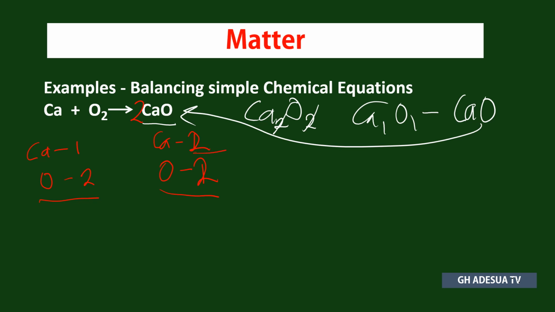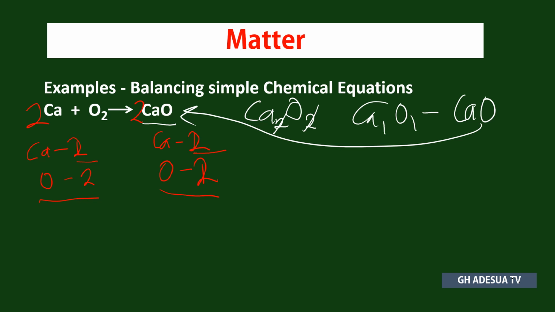Because this is 2, that is 1. Now where do we put that 2? We put a 2 in front of this. So the calcium now becomes 2, making the calcium on the left and the right the same, and oxygen on the left and on the right the same.